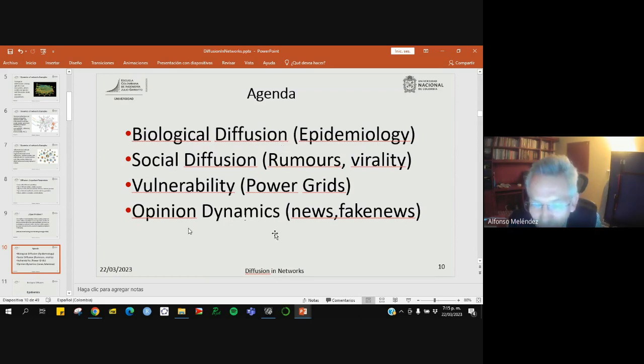For example, to give an actual example, in the Senate here in Colombia, the reforma laboral is being discussed, okay, and we have a network of people who have to, after some time, have the same opinion, or more or less the same opinion, for that reforma laboral to become a law of Colombia, okay? This opinion dynamics is a very important and very big issue in diffusion on networks, okay?